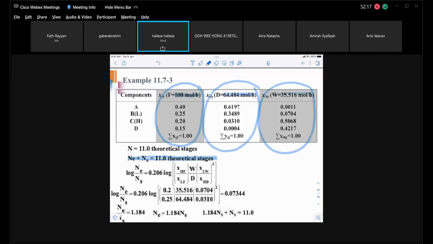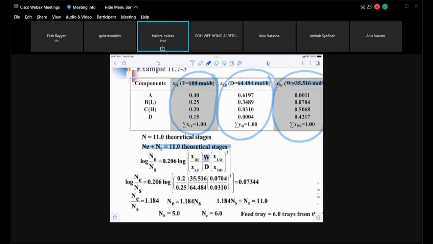You have the flow rate for the bottom, the distillate and the feed. So now you will need the flow rate for the bottom and the distillate. Your bottom is 35. That's your bottom flow rate. This is your distillate flow rate. So you can substitute that inside the equation.